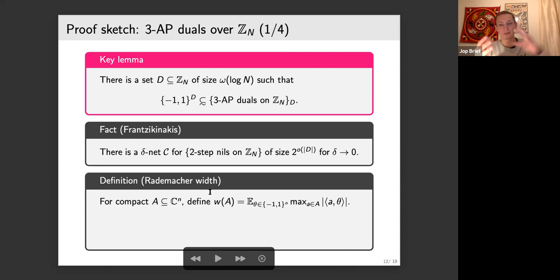This width roughly measures the average width of your set in a randomly chosen direction. So here, theta should be interpreted as a direction, say.